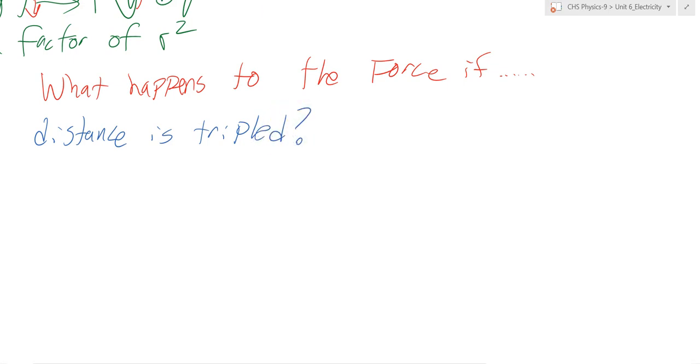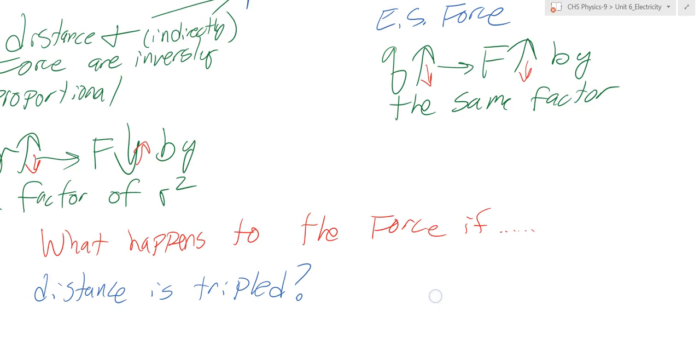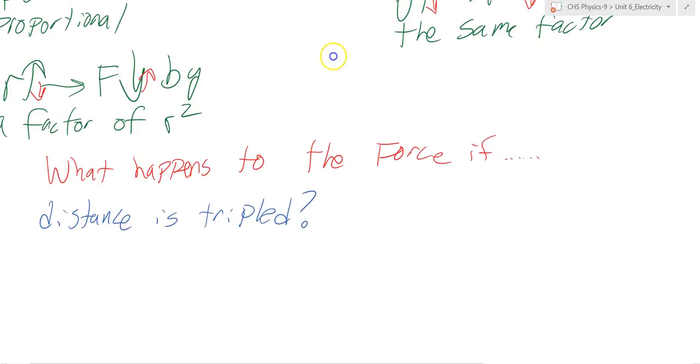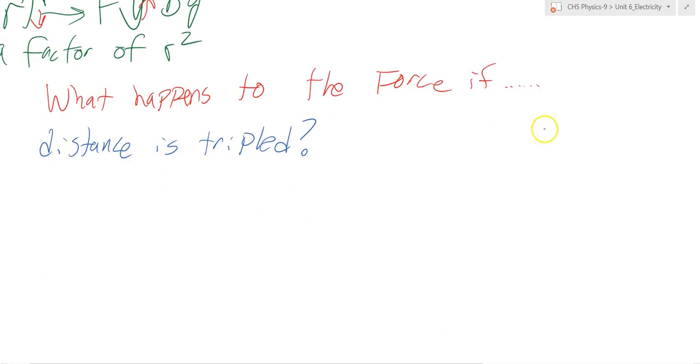So what happens to the force if distance is tripled? Well, we do know that, if we have this and then this, it makes sense that the force is going to be weaker further out. Okay, so we know that the force will decrease.